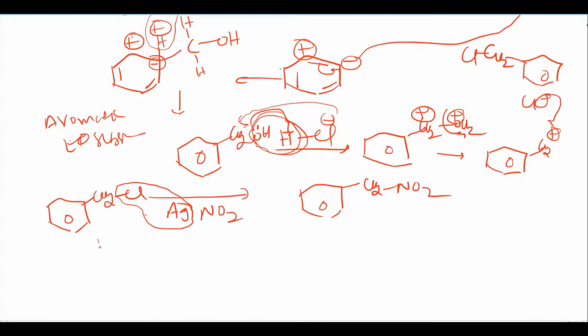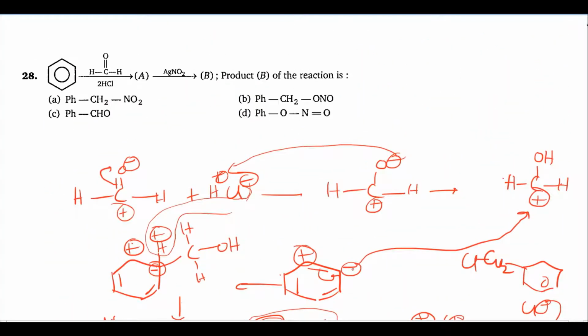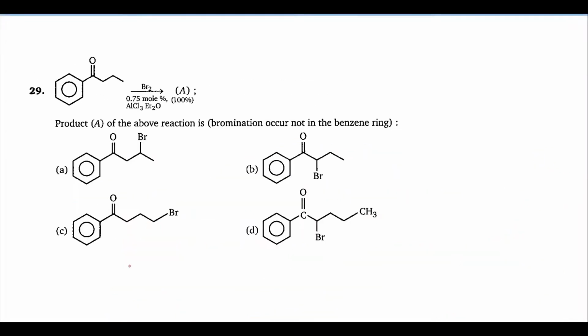Suppose this is treated with KNO2, then you get CH2ONO. This is a nitro compound, and this is a nitrite compound. Understood? So the correct answer is option A.